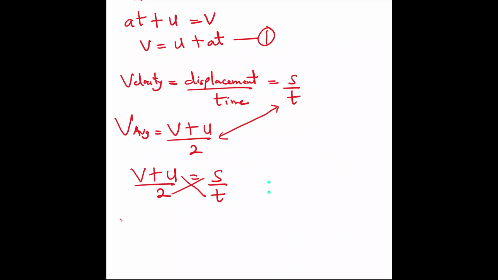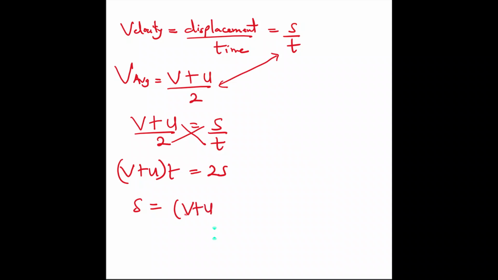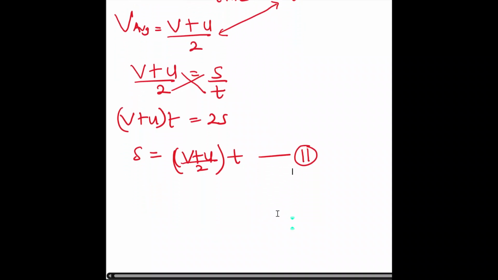So we have V plus U times T equals 2S. Now we want to make S the subject of the formula. So that will be S equals V plus U over 2, times T. This is the second kinematic equation.